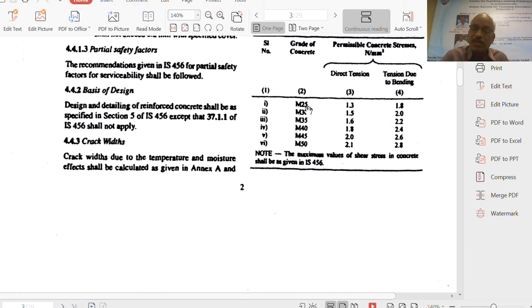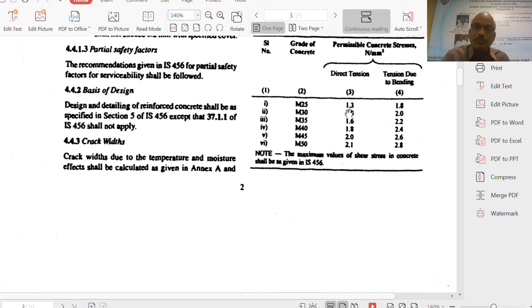For M25 concrete, we have allowable stress in direct tension and allowable stress in bending tension. Suppose the concrete is subjected to hoop tension, that will be direct tension. For that, the allowable stress is 1.3 Newton per mm square.